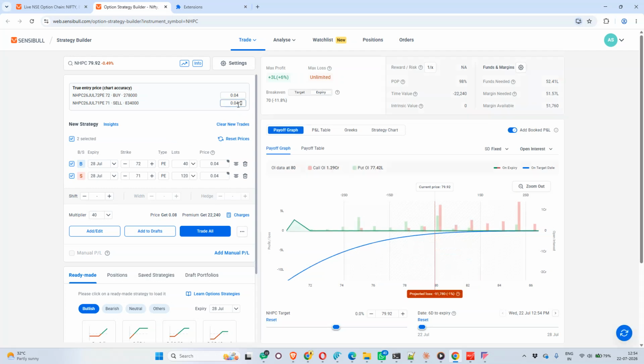Yes, and if I reduce it to 0.03, I still make money. This is relevant to those people who are actually trading at this level. Otherwise, it's not for you. I hope that you have understood what I was trying to convey.